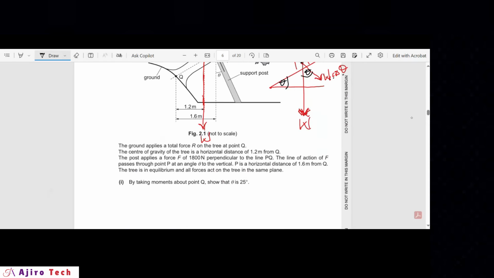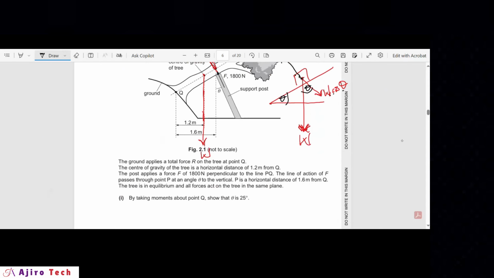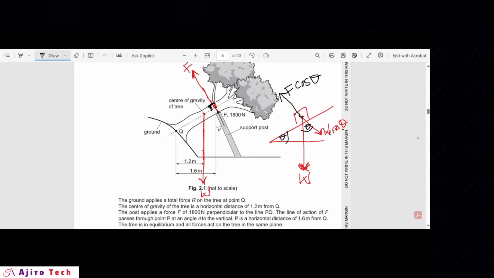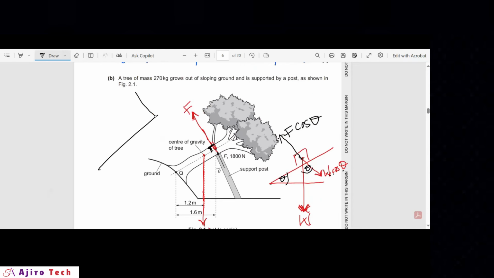Now, what do we do here? The line is perpendicular to the PQ. Okay, this has been told that it's perpendicular. So there's a perpendicularity here from here to here. So that will be 90 degrees, showing perpendicularity.